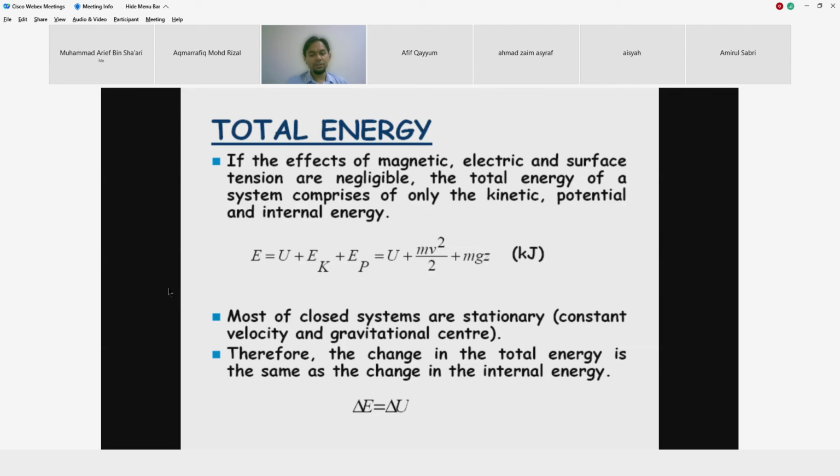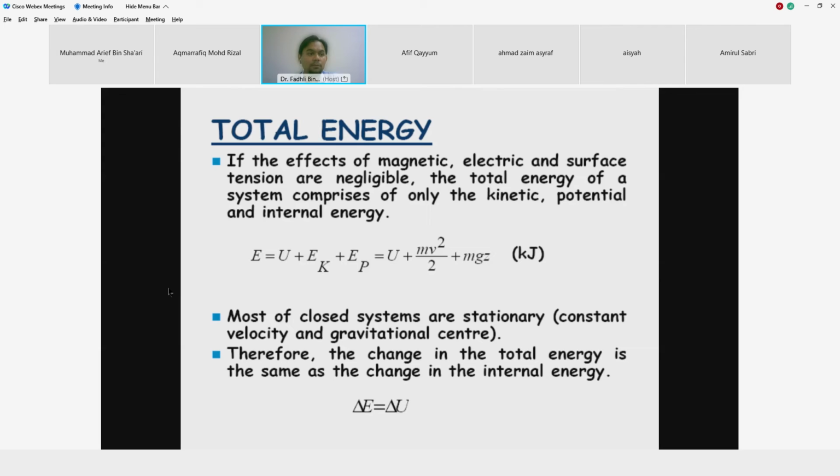Therefore, the change in the total energy is the same as the change in the internal energy. What does it mean? This sentence is related to the previous one: constant velocity and gravitational center. So for example, your room is moving from position number 1 to position number 2 with a constant velocity.